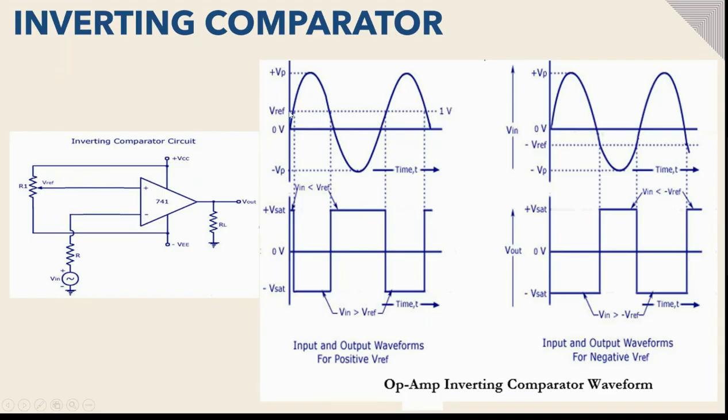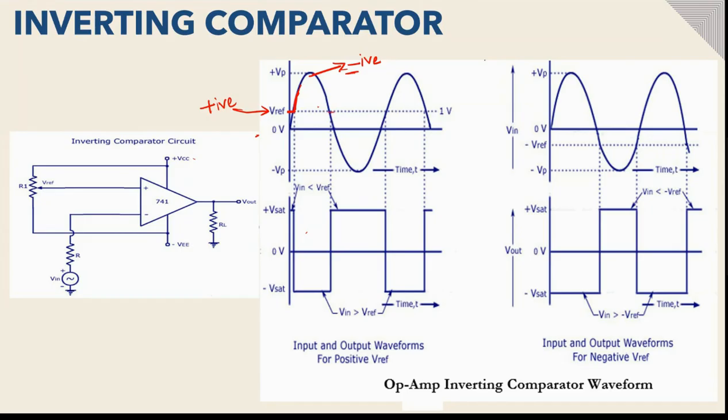The reference voltage is given at the positive terminal, and the input signal which we are going to compare is given at the negative terminal. When the input signal becomes greater than V reference, the negative terminal voltage is greater, so the output will be minus Vsat.